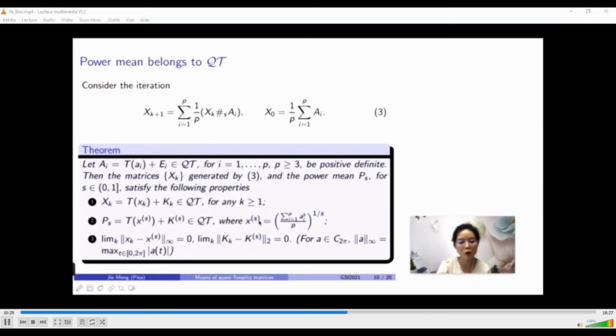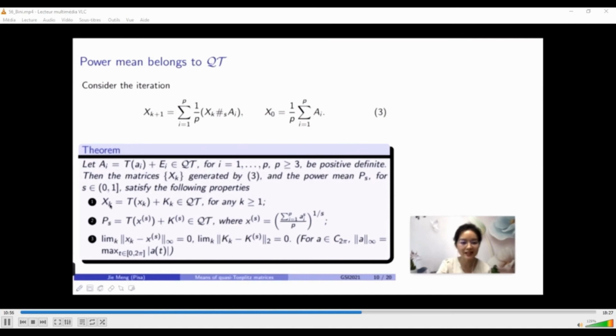And the symbol associated with this Toeplitz part is expressed in this way. It is easy to obtain. And we show that the sequence xk converges to Ps, the power mean, in the infinity norm. And in detail, we show that there is a convergence for the symbol and there is a convergence for the correction part.